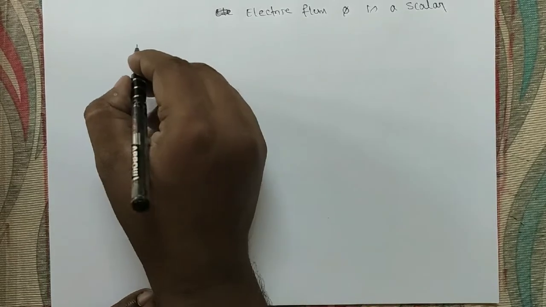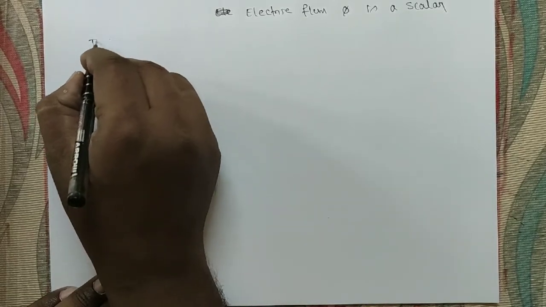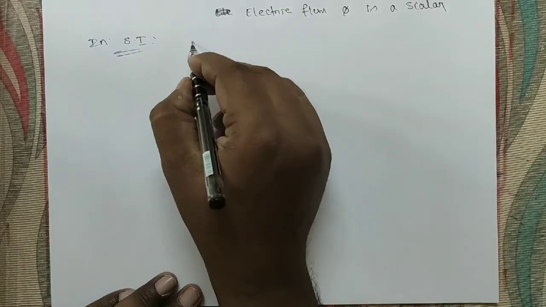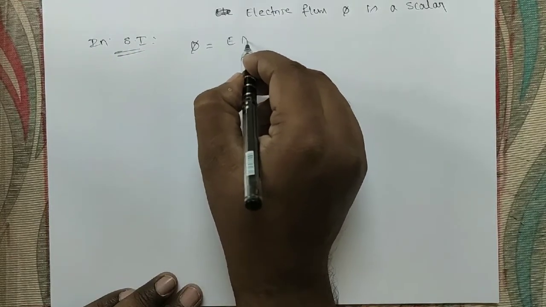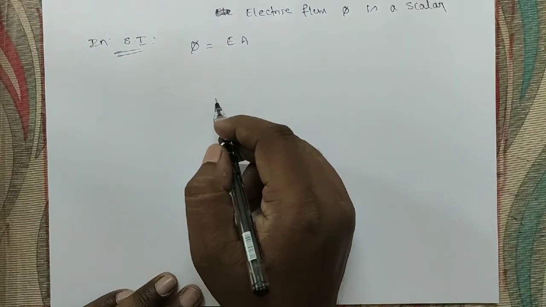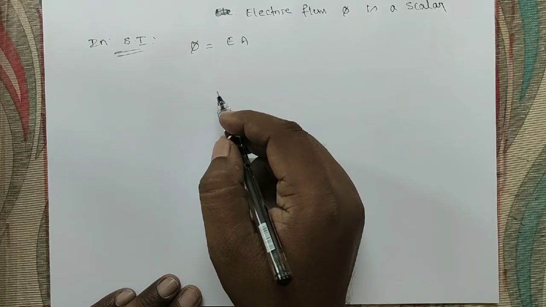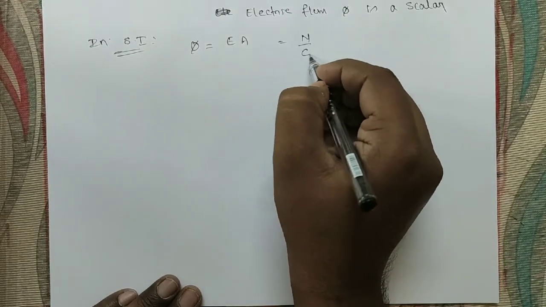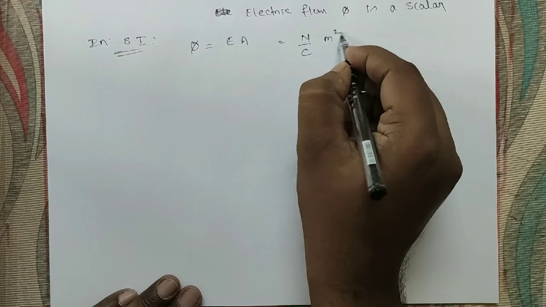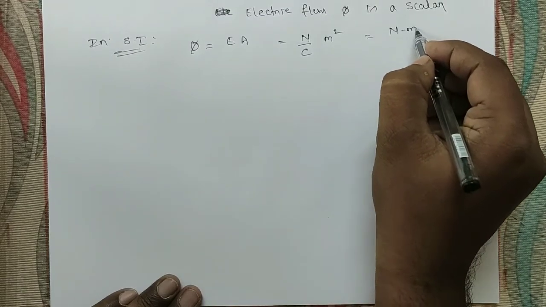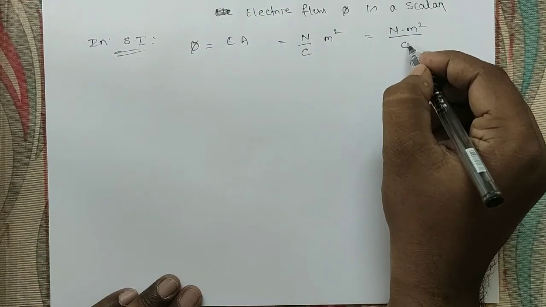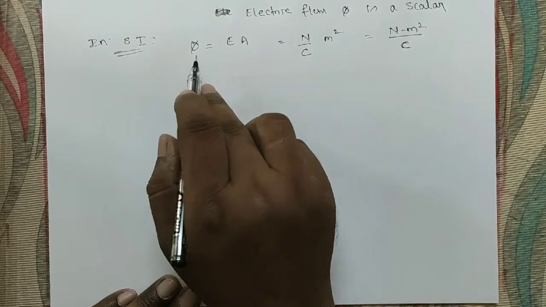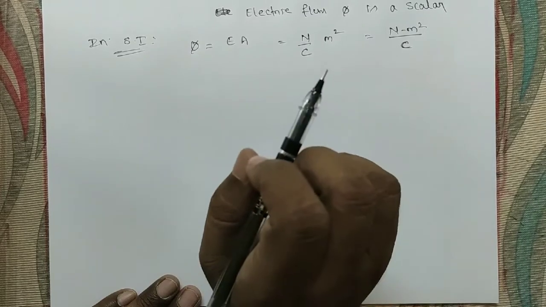The SI units: flux phi is EA. Electric field intensity is the force per unit charge, meaning Newton per coulomb, and area is meter square. So the units are Newton meter square per coulomb. This is the SI unit of electric flux.